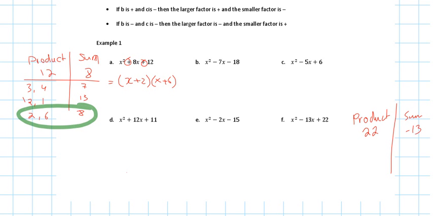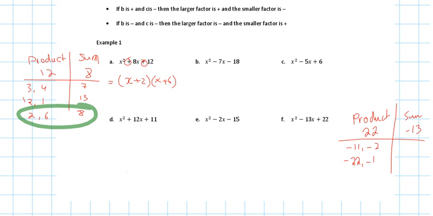So, B is what? B is negative and C is positive. So which one is it? So both of them are going to be negative. What multiplies to 22? Negative 11 and negative 2. Negative 22 and negative 1.